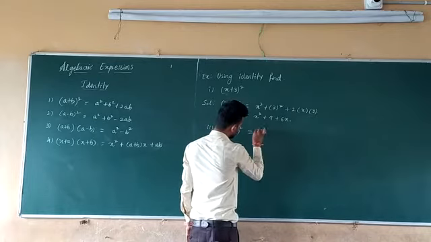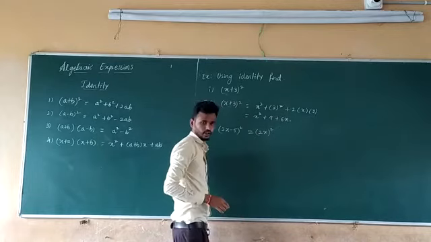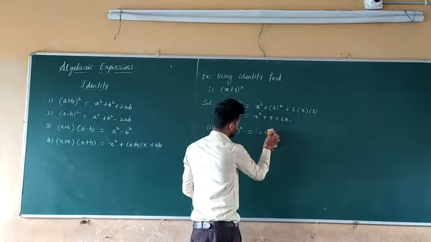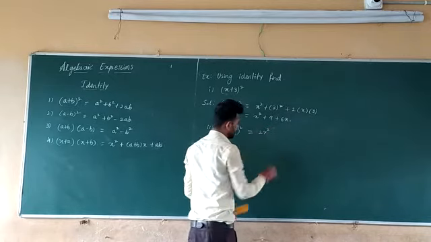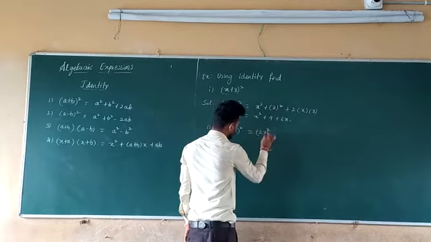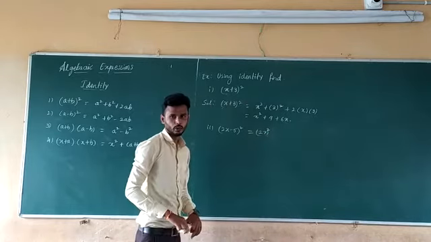So (2x) square, with the bracket. Don't write 2x square, it is wrong. You need to square both 2 and x, so put the bracket.